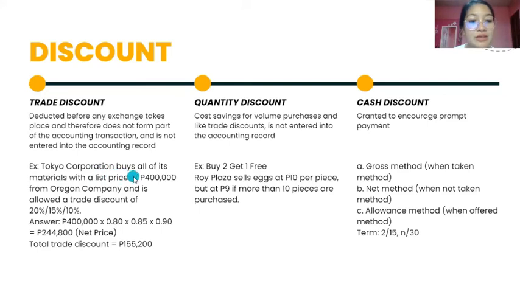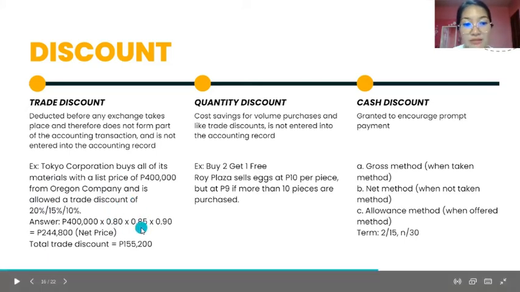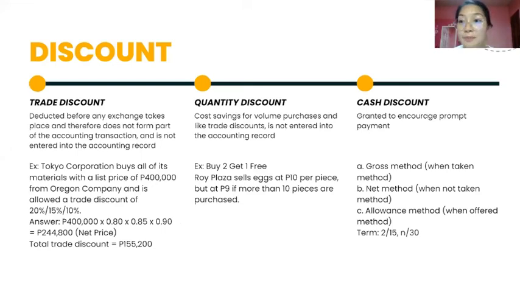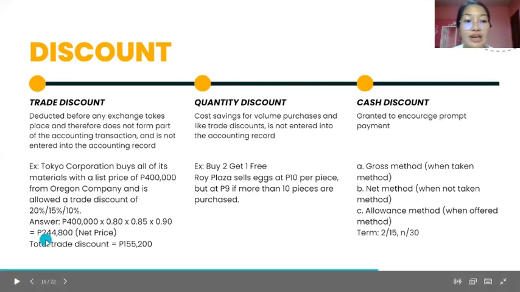So for this example, Tokyo Corporation buys all of its materials with a list price of 400 from Oregon Company and is allowed a trade discount of 20-15-10. So ang pagkuan na is net method na siya. So ang 400 multiplied by 80% multiplied by 85% multiplied by 90%. So, net price na lang niya is 244,800.